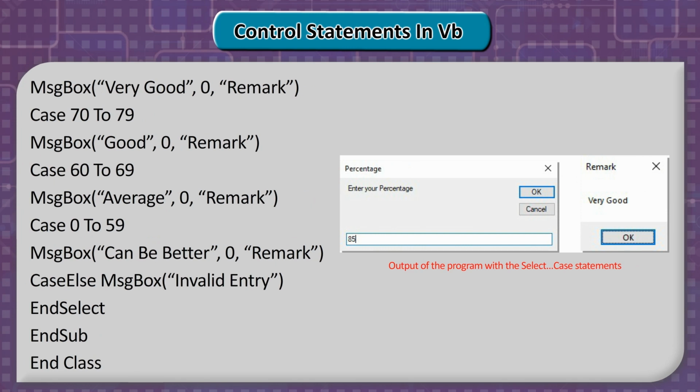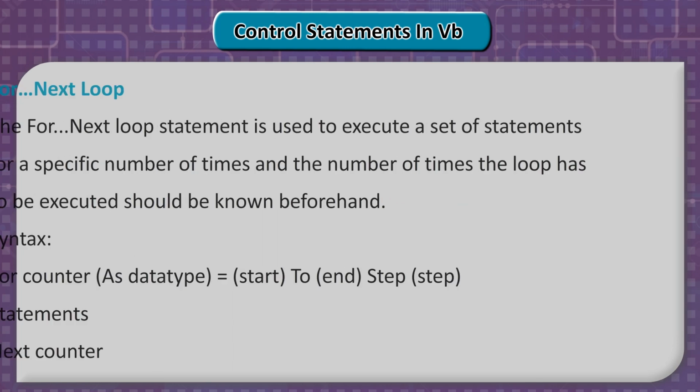Case 70 to 79, MsgBox good, remark. Case 60 to 69, MsgBox average, remark. Case 0 to 59, MsgBox can be better, remark. Case else, MsgBox invalid entry. End select, end sub, end class.